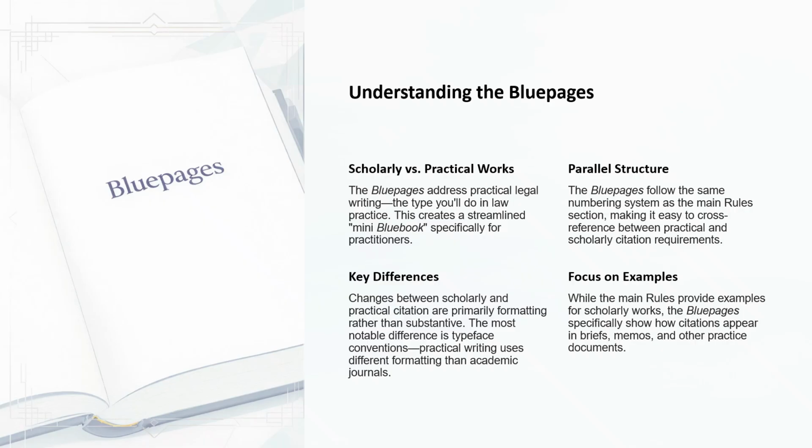At the time that happened, practitioners were primarily creating things on typewriters, while scholars were writing things that were published with printing presses. And so there were more options for typeface in the scholarly works because the printing presses had more options than typewriters did.